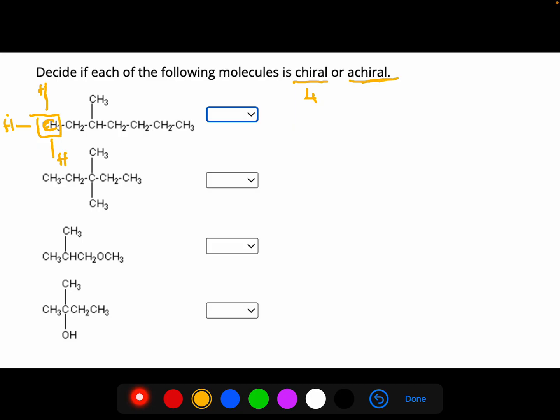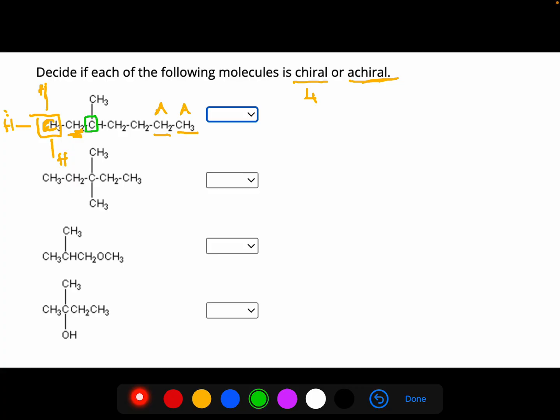So this carbon is achiral because it's connected to three hydrogens. This carbon is also achiral because it's connected to two hydrogens. When you see CH3 and CH2, those are all achiral because the carbon is connected to at least two hydrogens. So I can be hopeful about this other carbon.